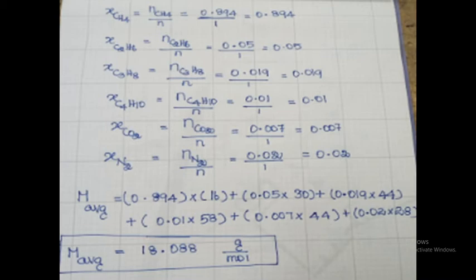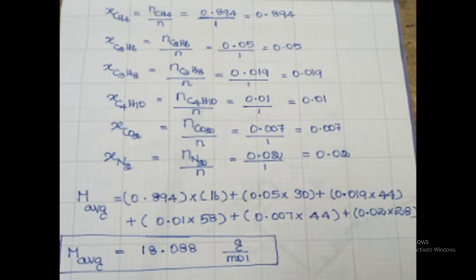Are you clear? Okay. So next component C4H10. C4H10 mole fraction value, individual moles of C4H10 to total moles. So individual moles of C4H10 is 0.01. Total mole is equal to 1. Finally we get 0.01. Okay.